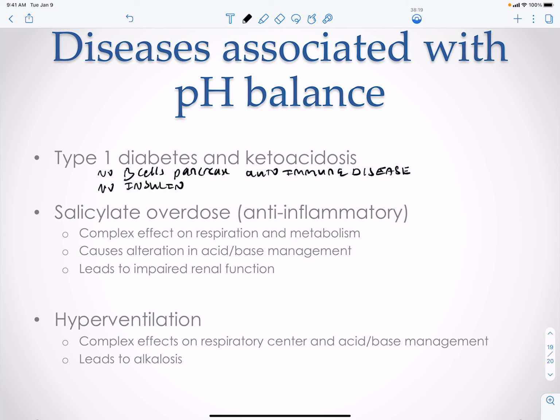And no insulin means that, for example, your liver is in constant fasting stage. And so regardless of your food intake, your liver thinks that it's fasting, so your liver is constantly making its own glucose through gluconeogenesis. It's constantly making ketone bodies.